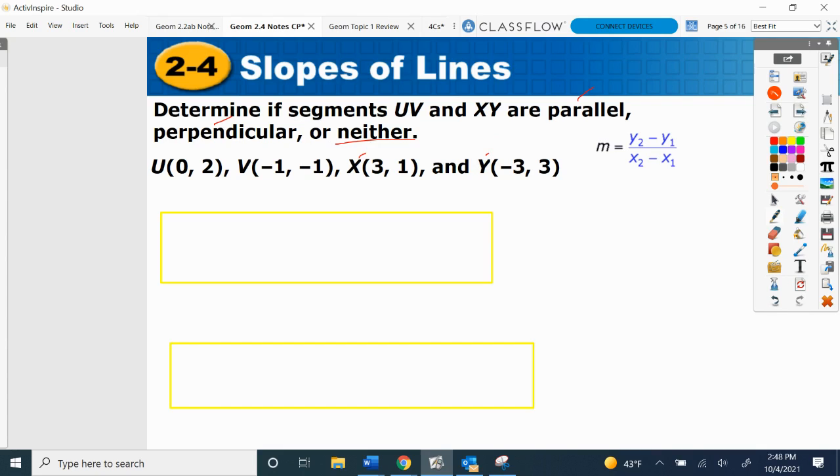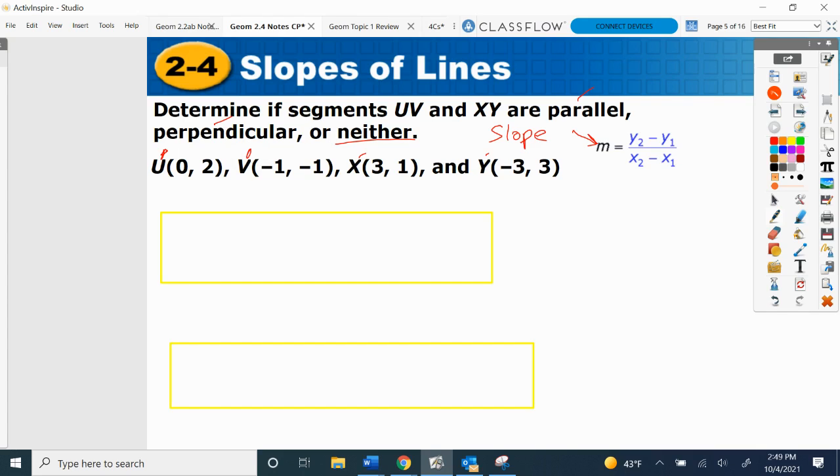To calculate what the slopes are, because that's what we need to do, we need to find the slope of each of them so that we can compare and decide what type of lines they are. We're going to be using the slope formula to do that. First, let's work with segment UV.